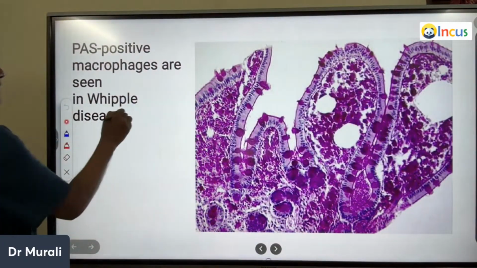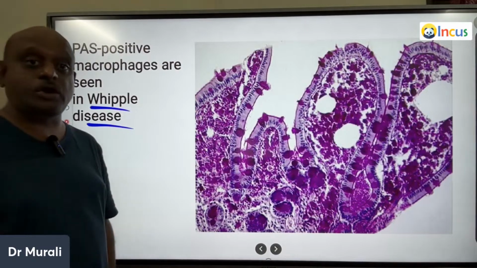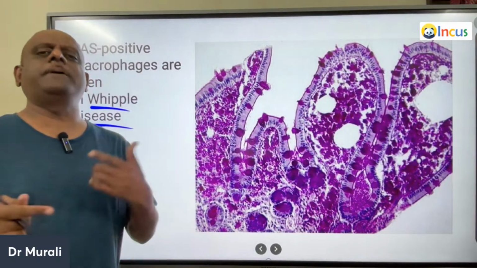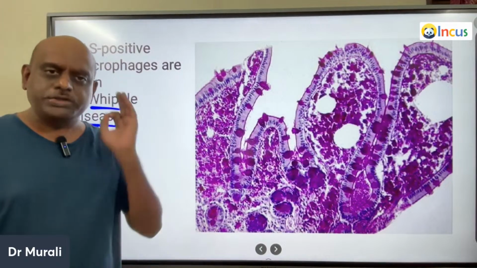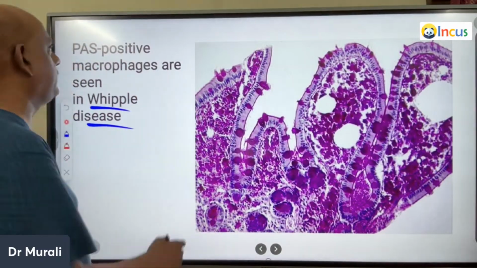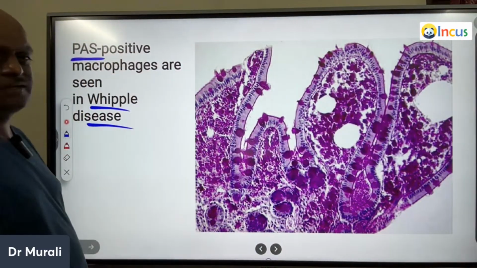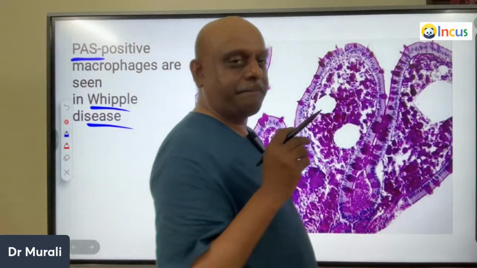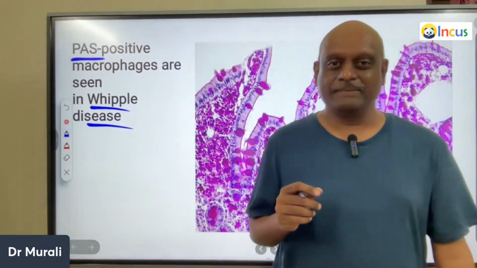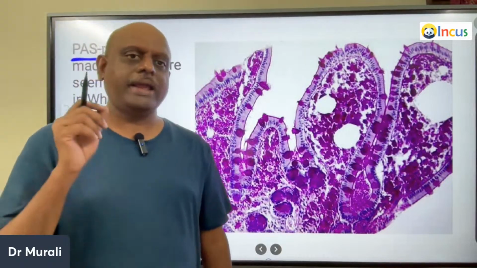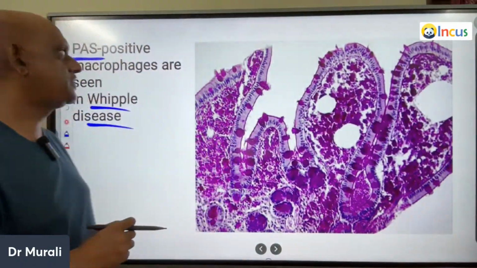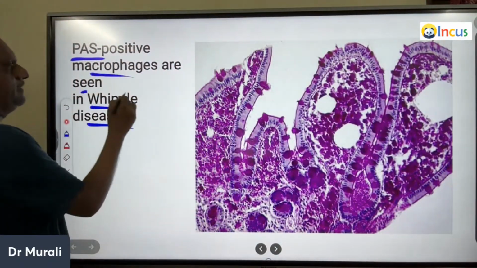Whipple's disease is caused by Tropheryma whipplei. So, what is a very important histopathological hallmark of Whipple's, doctor? PAS. The PAS staining, right? Periodic acid Schiff stain positive macrophages.